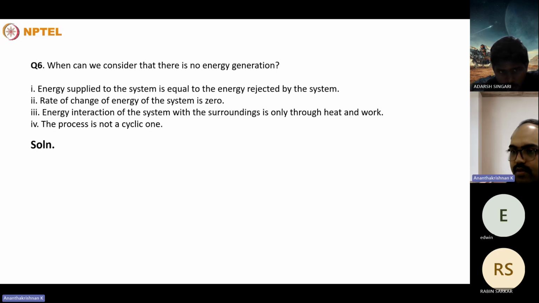Energy supplied to the system is equal to the energy rejected by the system. Rate of change of energy of the system is zero. Energy interaction of the system with the surroundings is only through heat and work. The process is not a cyclic one.